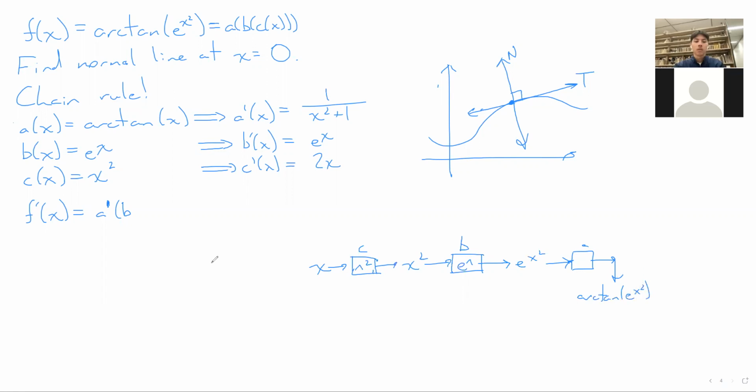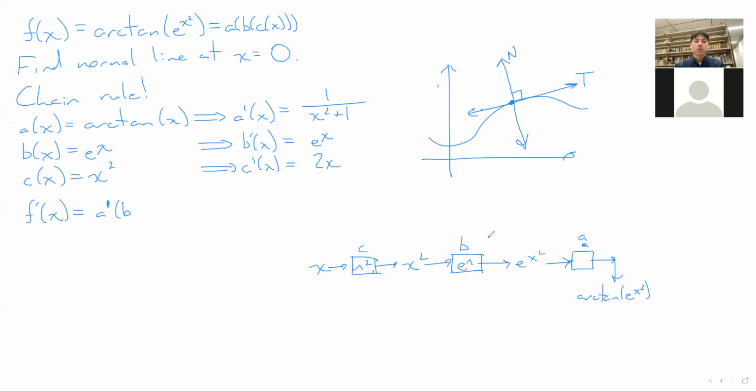So when we take these derivatives, we kind of have to work from the outside back inward. So we need the derivative of A, but what is the input to the function A in this organization I've done here? It's not actually x, is it?